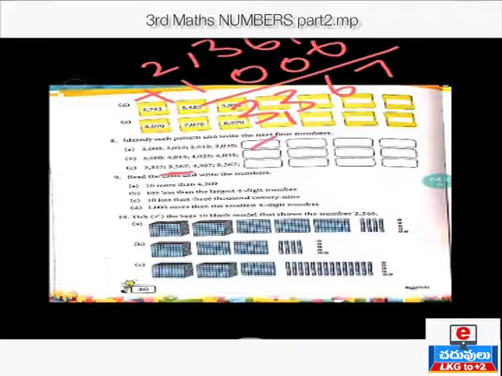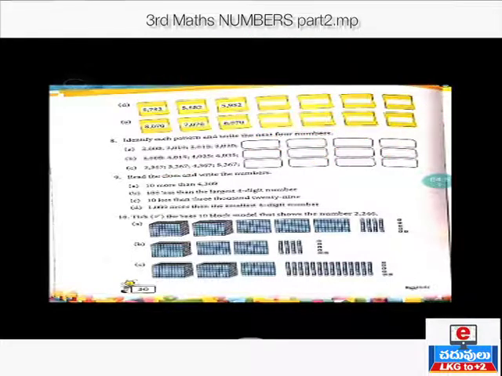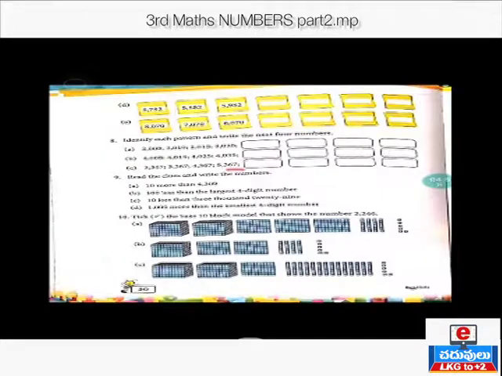Again we add 1000. We get the next number, that is 7 plus 0, 7. 6 plus 0, 6. 3 plus 0, 3. And 3 plus 1, 4. We get the next number only, no? So after, again we add thousands, we get the next number, that is 5367.